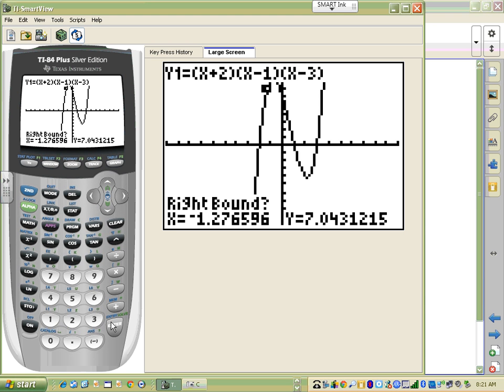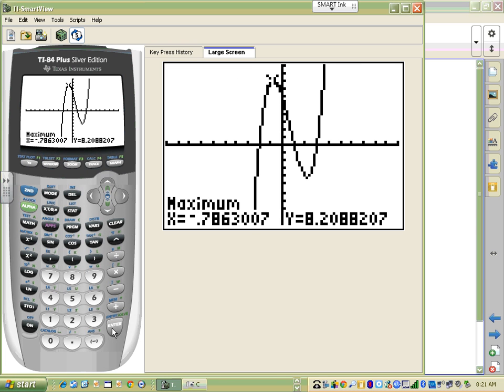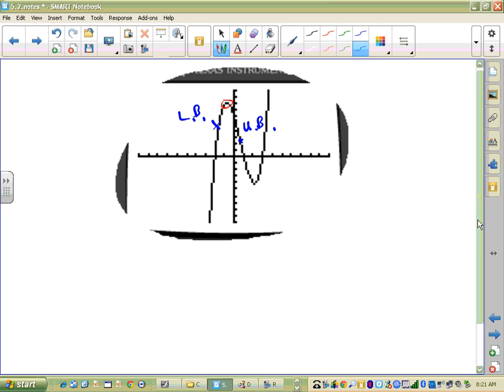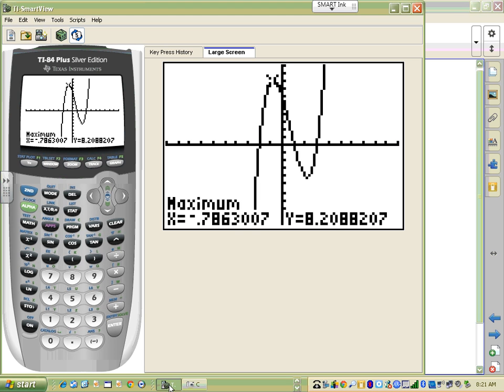Now it says right bound, so I want to move the cursor to the other side of that point. And that's probably good enough. So my relative local maximum then occurs at negative 0.79 comma 8.21.